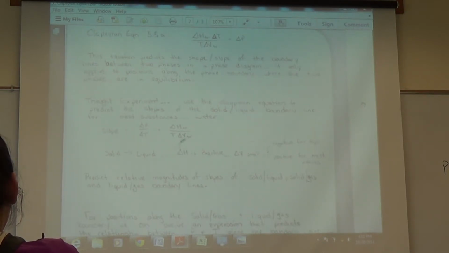We know that the solid-liquid phase boundary has two different slopes, one for most substances and one for substances that behave like water. And so you've got two characteristic phase diagrams.